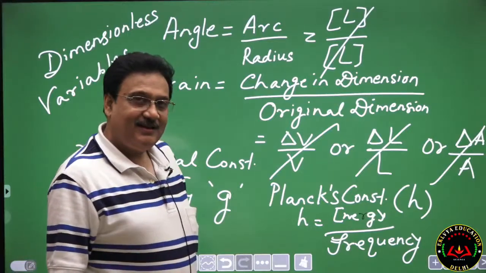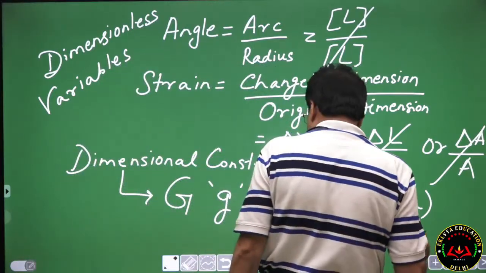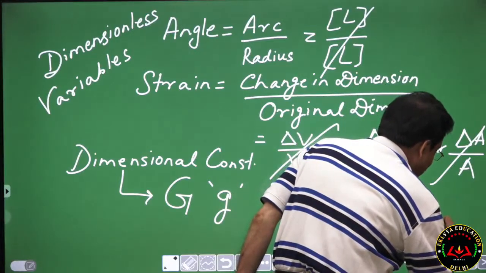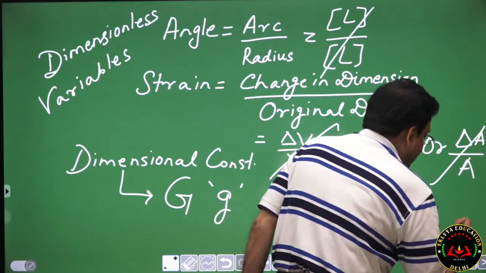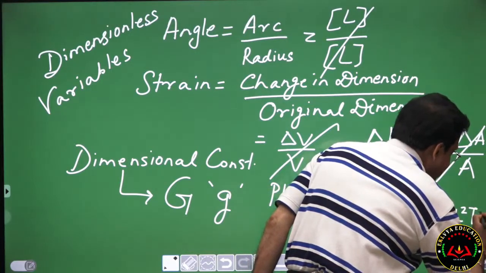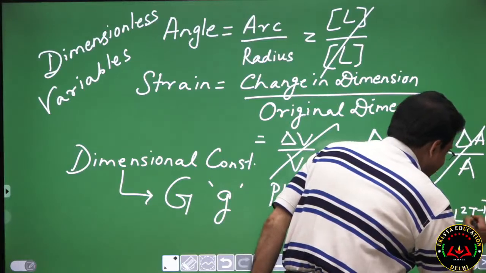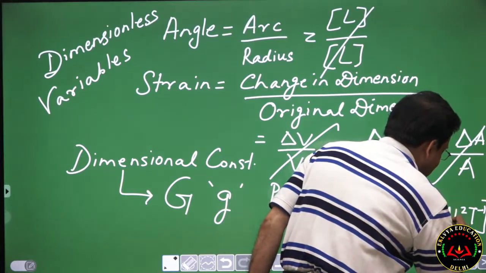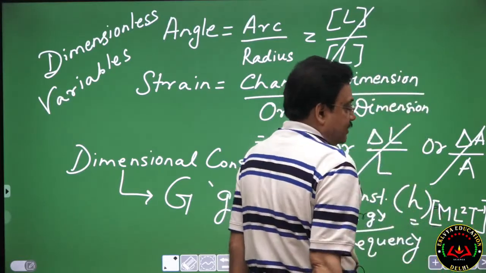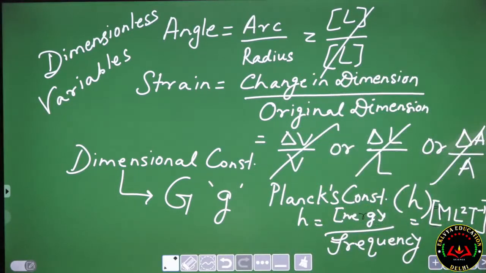तो क्या हो गया इसका डायमेंशनल, ये कांस्टेंट है बट डायमेंशनल है. So what is this? You have got ML²T⁻¹.